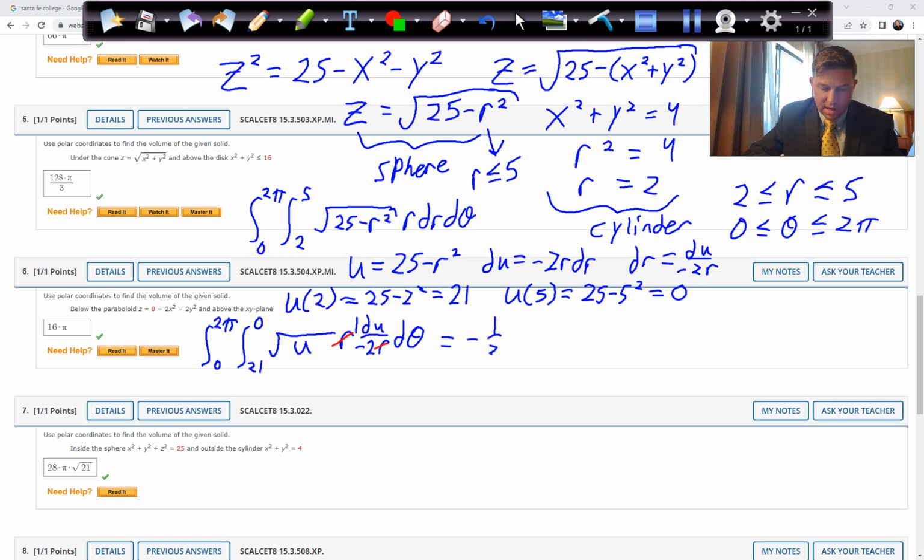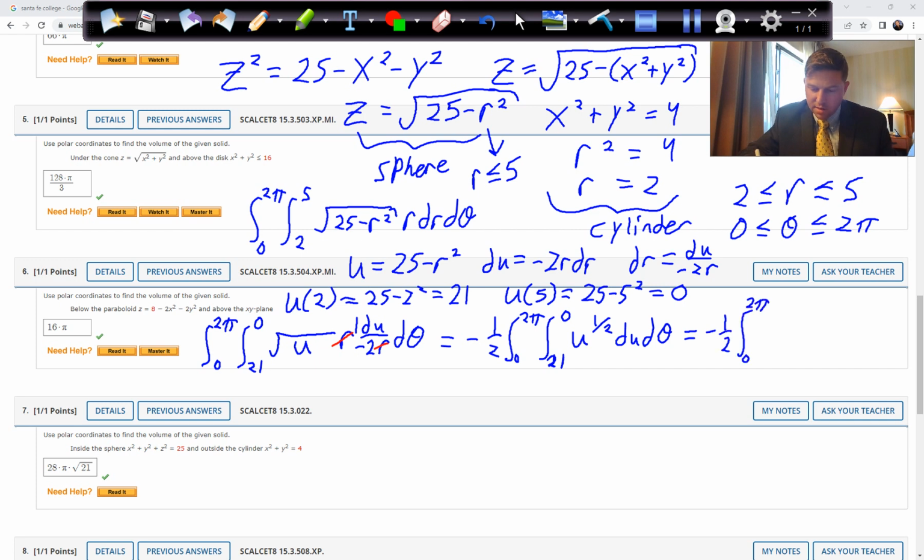It's minus 1/2, 0 to 2 pi of 21 to 0 of u to the 1/2 power du d theta. And this is going to equal minus 1/2, 0 to 2 pi. Antiderivative u to the 1/2 would be u to the 3/2 over 3/2. And that's from 21 to 0 d theta.